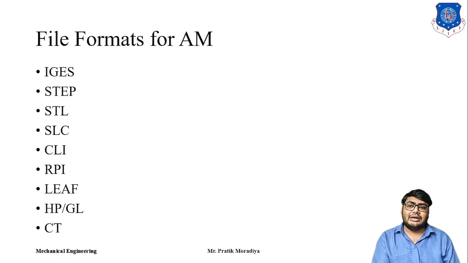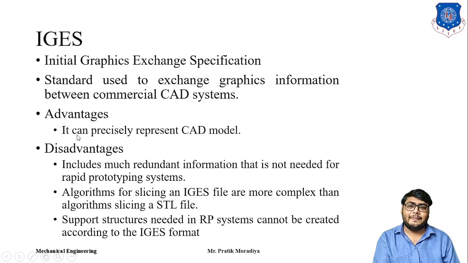So most of the time we will be using the STL file format in the machines, but IGES and STEP are used to convert or transfer some other files into STL also, and other file formats will have their specific applications also. Let us start with the IGES file format.